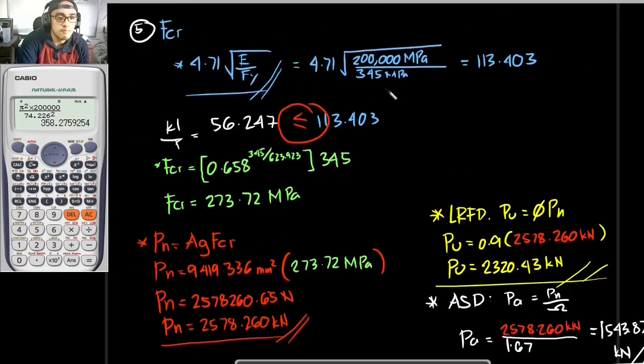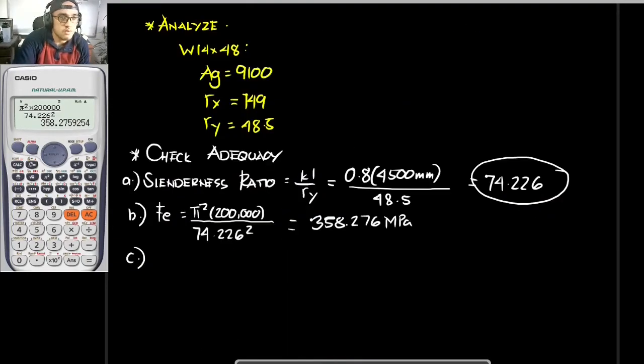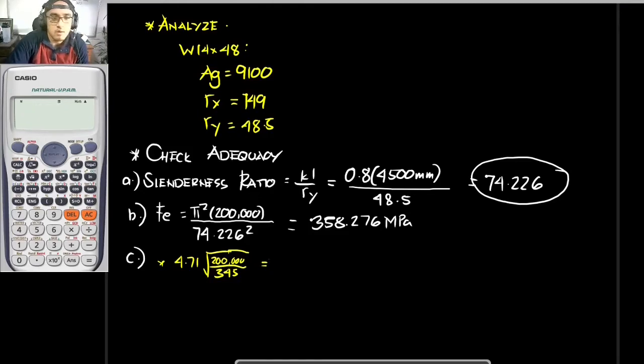With E equal to 200,000 and Fy equal to 345, this is 4.71 times the square root of 200,000 divided by 345. That is 113.403.